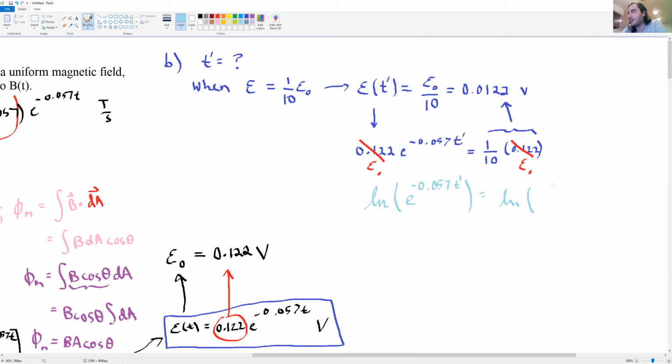Natural log of 1/10. When we do that, we cancel the exponentials there with the log. So e cancels with ln. On this side, we can write this as minus the natural log of 10.